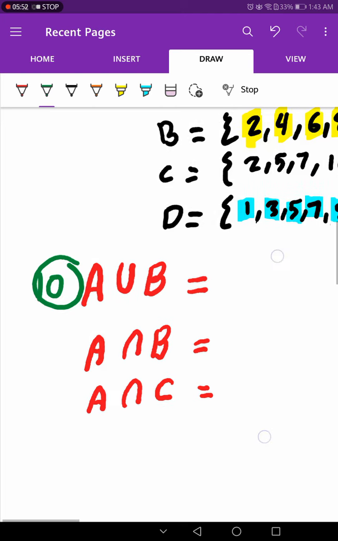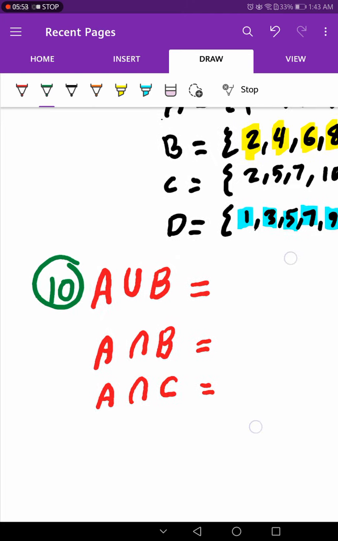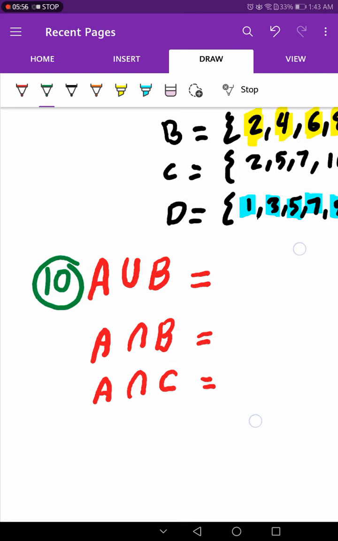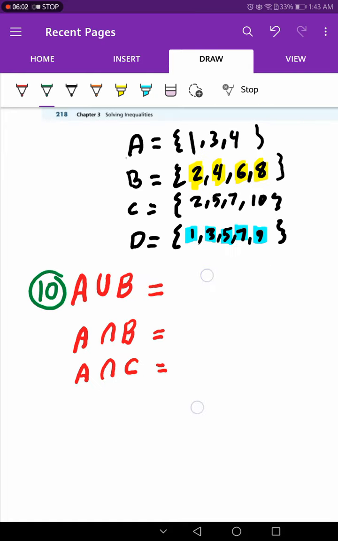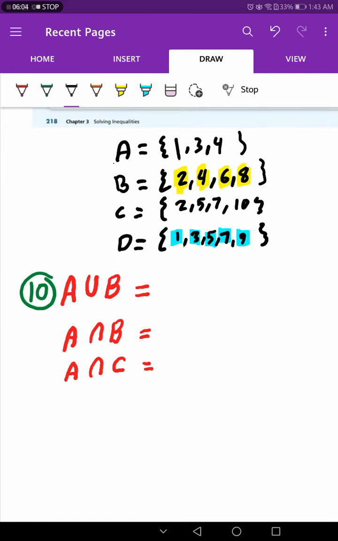A union B means, as I said before, you have to put all the elements of A and B in one set. Let's go. First of all, I draw the braces here, and the elements of A, 1, 3, and 4, I put them here.